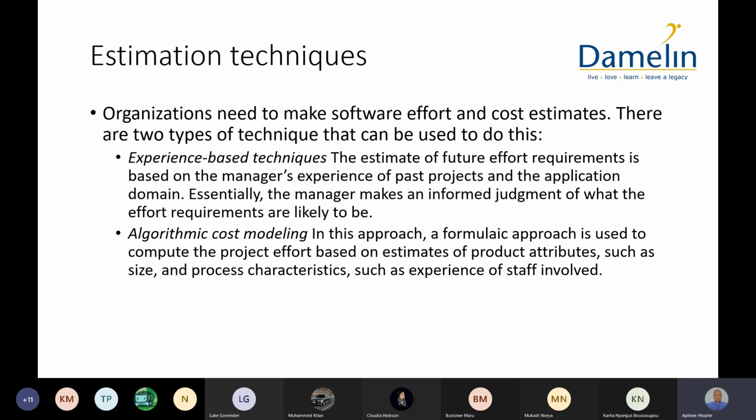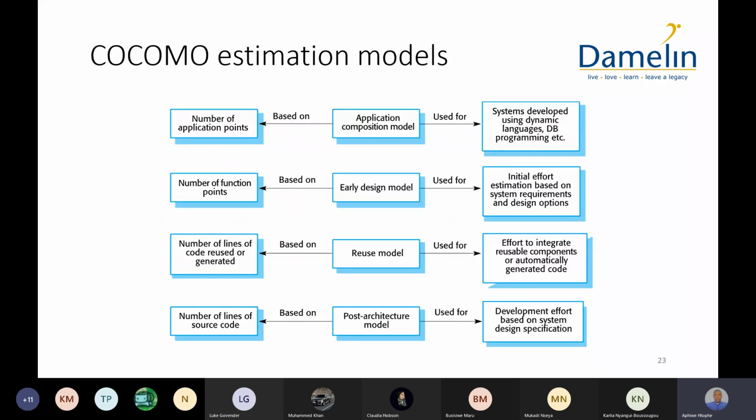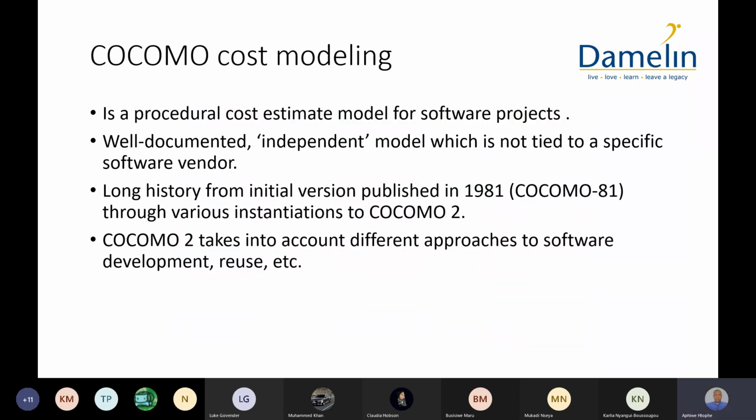You provide additional attributes about the software, and then it computes, in terms of an algorithm, the estimate of how much this is most likely to cost. Okay, so we have the constructive cost modeling tool, which you also refer to as COCOMO, a procedural cost estimate model for software projects.